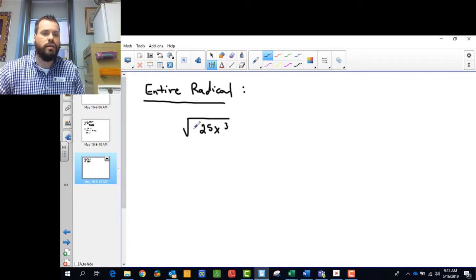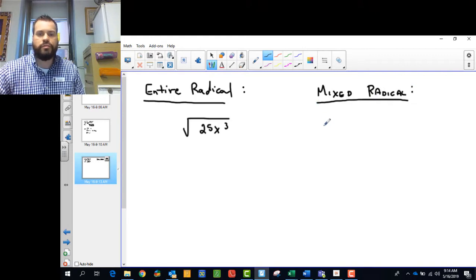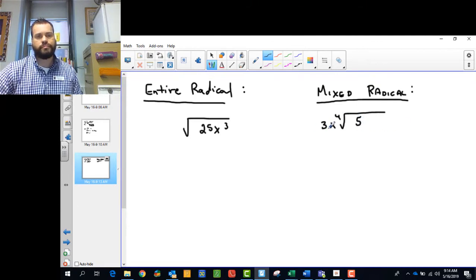So it's something where everything is underneath the root. And then you have a mixed radical. And a mixed radical is where you have things under the root, but then you also have things that are not under the root sign. Okay, so you have, for example, 3x and then the fourth root of 5. Okay, that's a mixed radical.